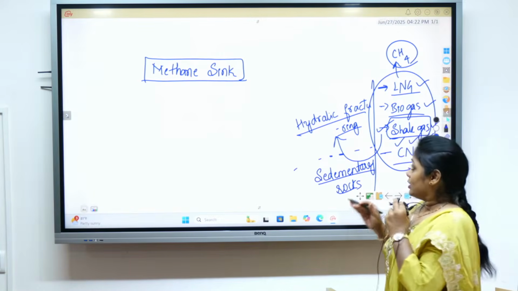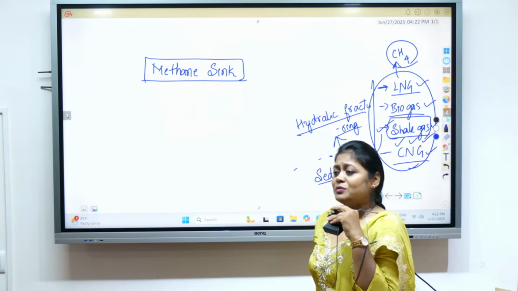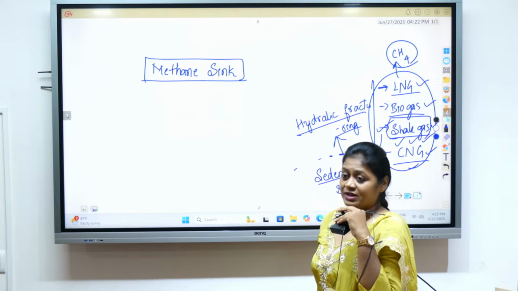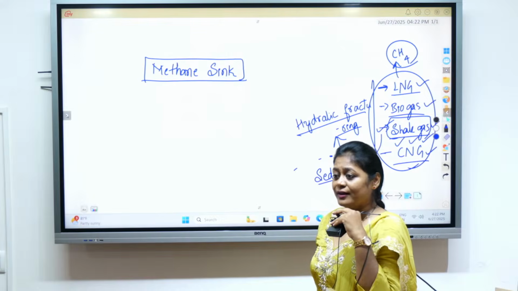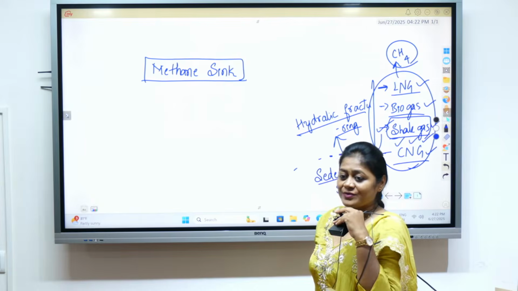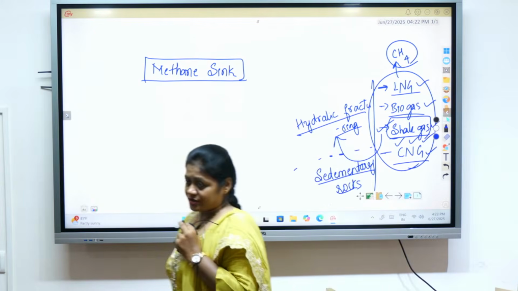Anyhow, what are methane sinks? We have discussed in previous classes the green carbon sink and blue carbon sink. Green carbon sinks are forests and blue carbon sinks are oceans.